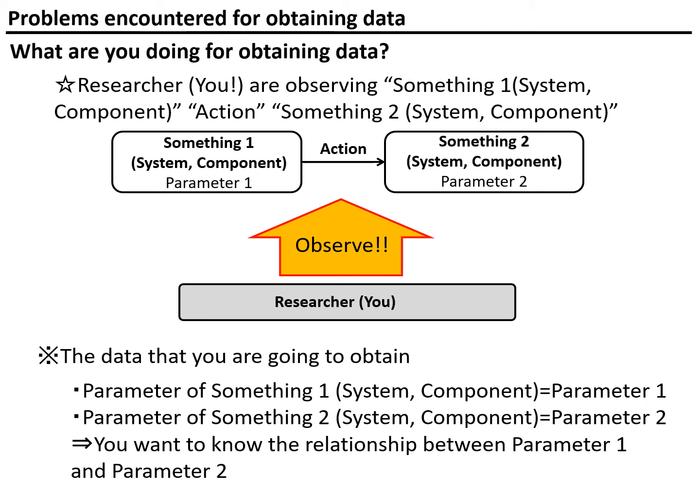So the data that you are going to obtain is the parameter of something 1 and the parameter of something 2. You want to know the relationship between these two parameters. That is what you are probably doing in your experiment or investigation, which I call obtaining data.